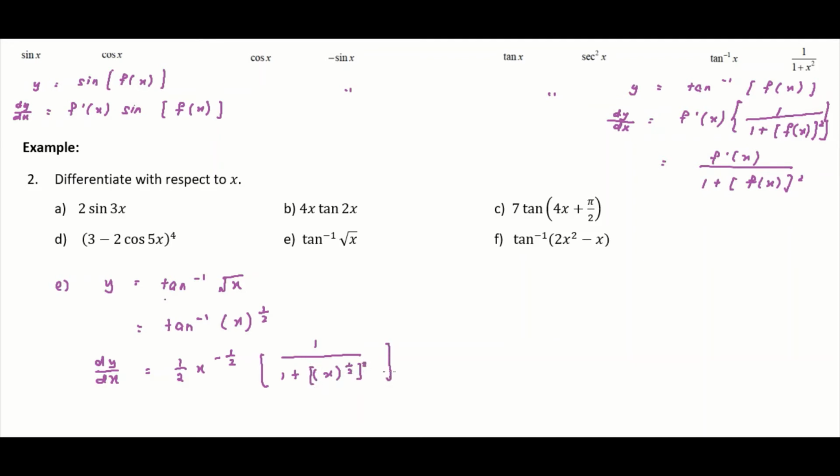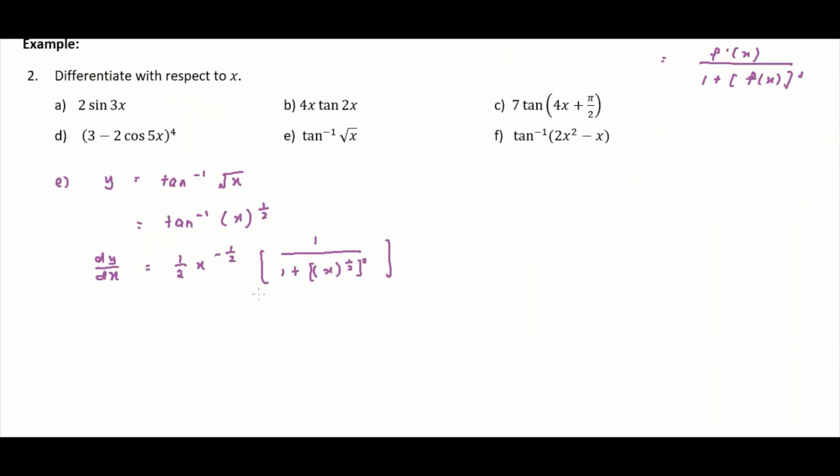Now you can start to simplify. 1 over 2 x, then you can see x to the power of 1 over 2, and you have power 2 as well, right? So you're left with x, meaning you have 1 over 1 plus x. You can just leave your answer like this, as simple as that.